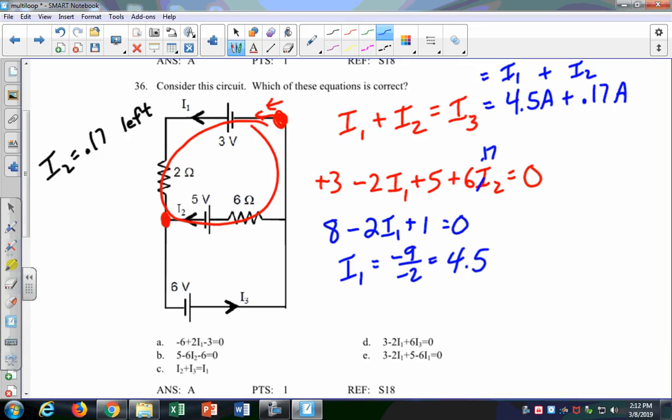Now remember, if you calculate I1 to be negative, then you put in a negative 4.5 there. You always keep the sign until you get to the very end. When you get to the end, that's when the sign goes away as you're determining the directions. So our answer here would be I3 is 4.7 amps to the right.